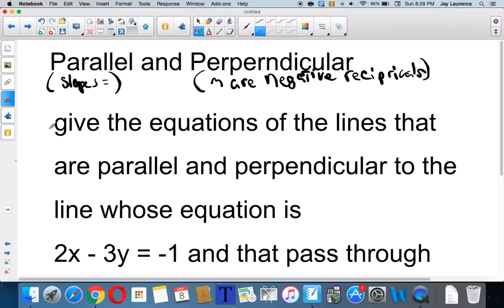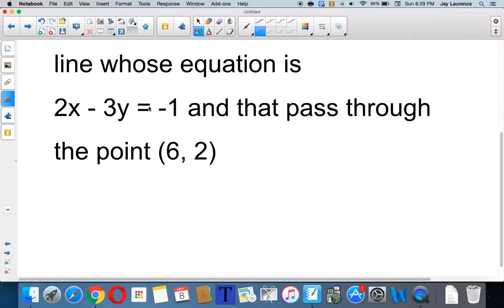Negative reciprocals. So if my slope is 2/3, a perpendicular slope is going to be -3/2. Right? Over here, if the slope is 4/7, then the parallel slope is 4/7. Okay.